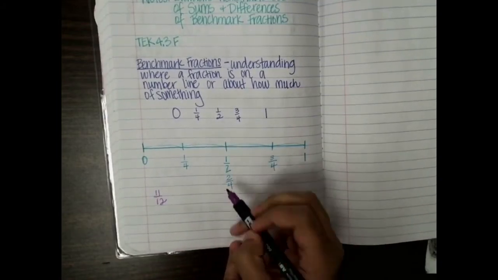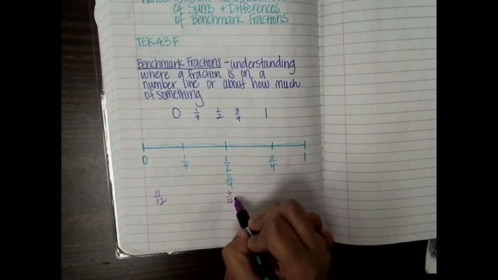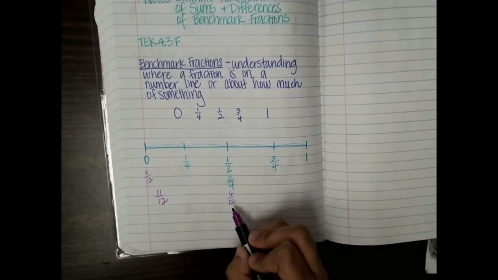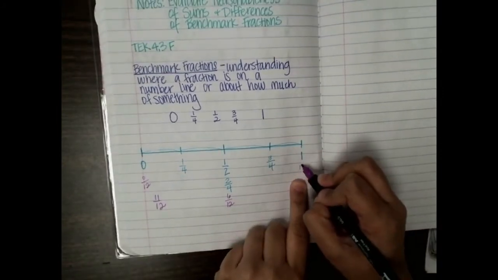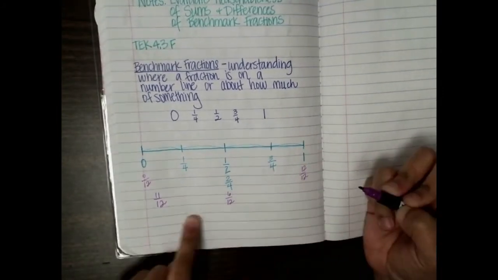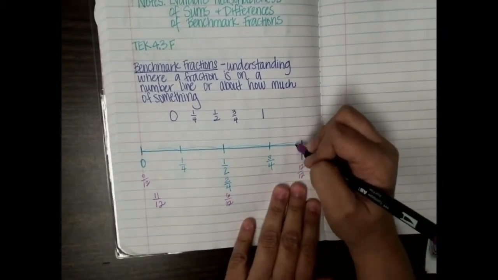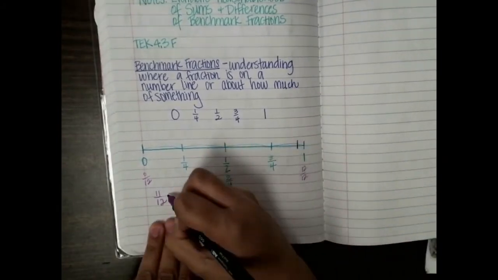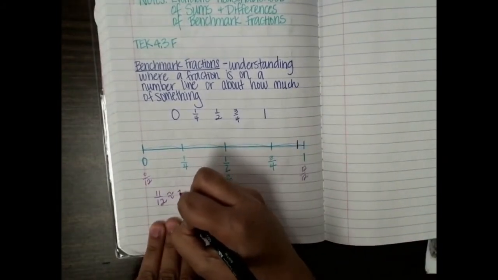You can make some notes. You can tell yourself, that's 0/12, that's 6/12. This has to be 12/12, which is 1 whole. Well, we have 11/12. So this would be somewhere around there. So 11/12 is about 1 whole.